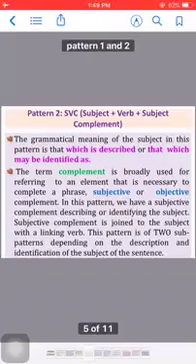Here, in general, we know that a complement can be of 2 types, either subjective complement or objective complement. If I add a complement that is connected with the subject, it is a subjective complement. But if the complement completes the meaning of the object, it is an objective complement.